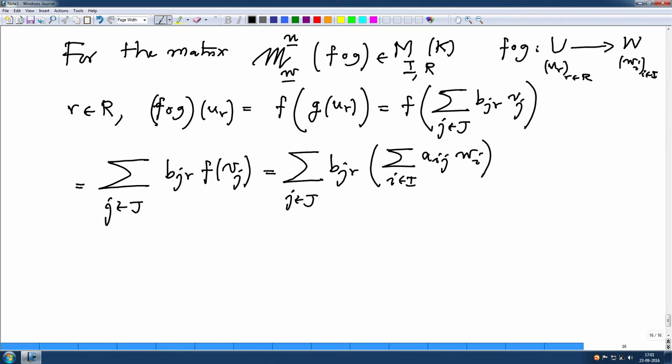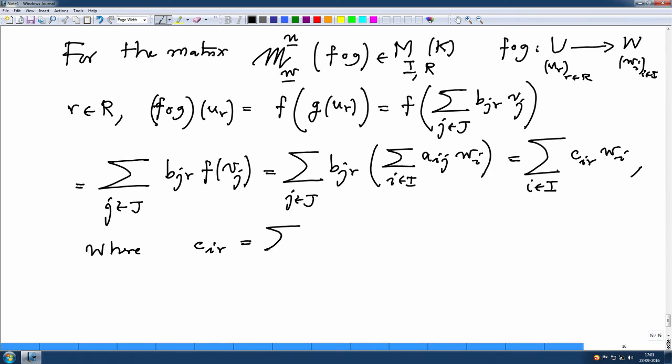But both these are finite sums and I can rearrange, and when I rearrange I will write the coefficient C, which depends on I and R. So summation over I in I of C I R WI, where I have collected the coefficient C I R, with I and R fixed and J varying.